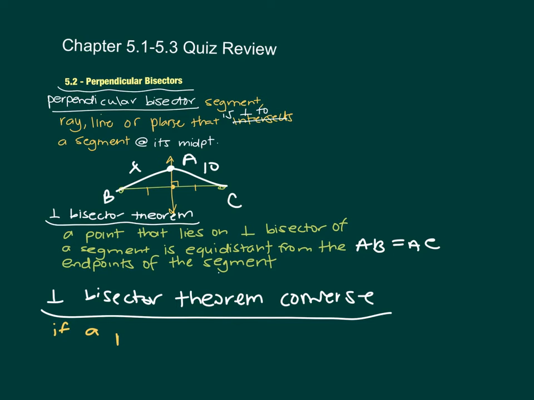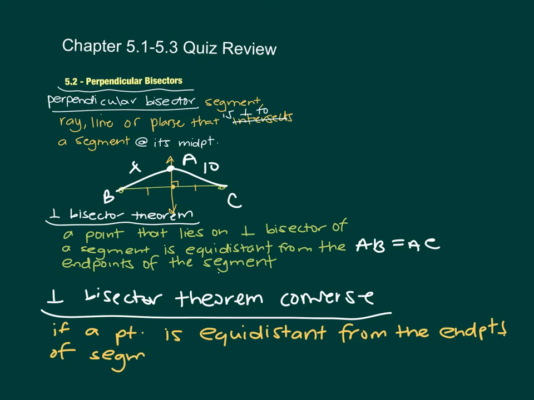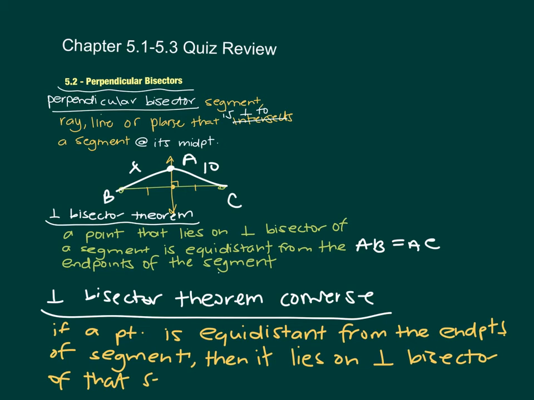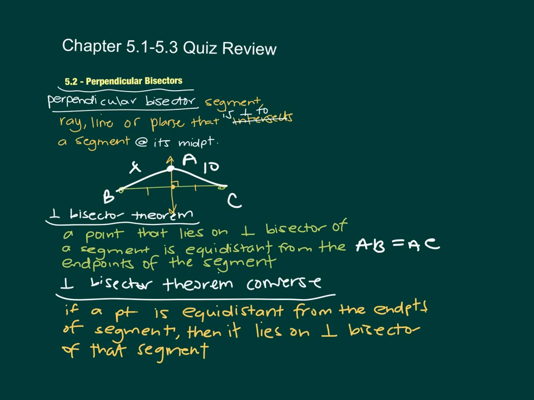said if a point is equidistant from the endpoints of a segment, then it lies on the perpendicular bisector of that segment.